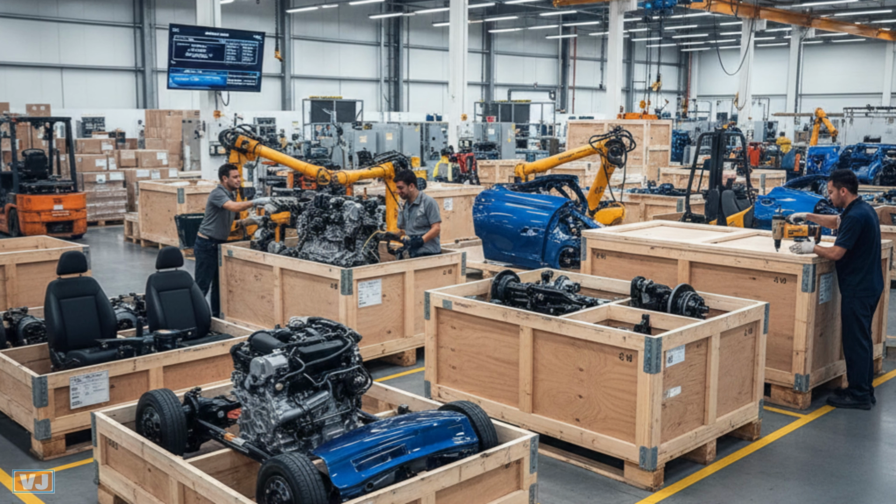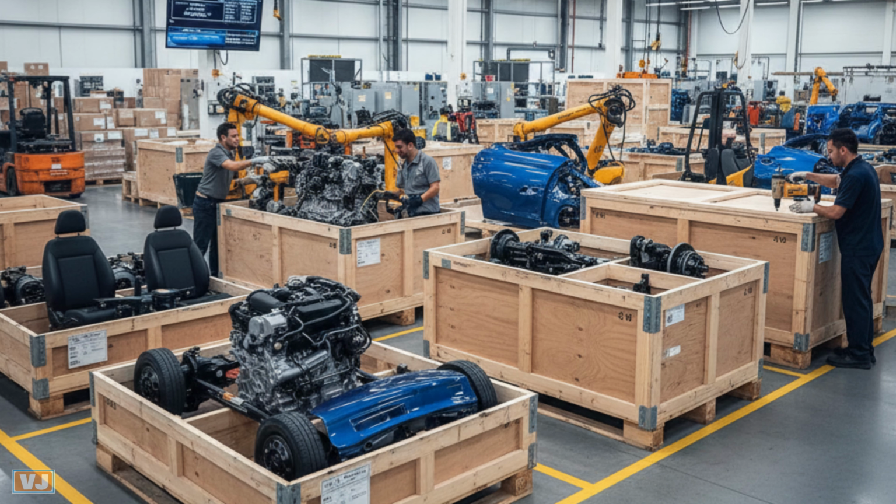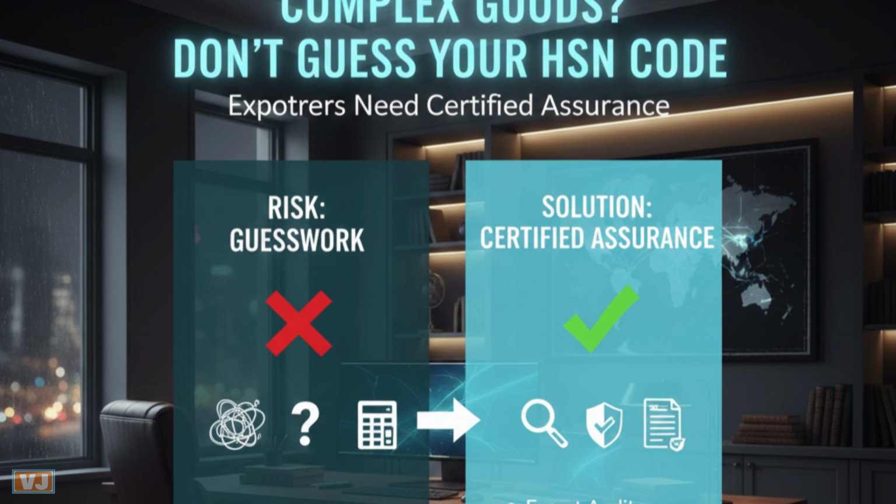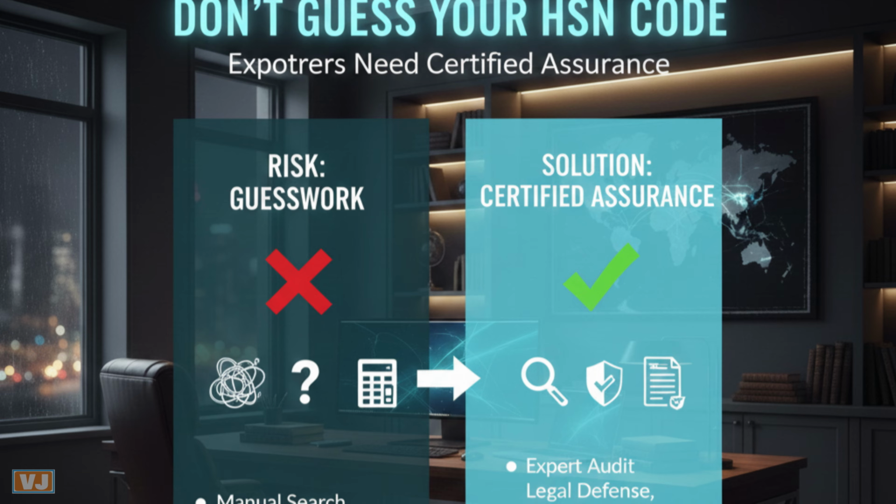The complexity only increases with products like machines or chemical mixtures or complicated kits. If your company handles hundreds of SKUs, or if your products involve multiple materials, chemicals, or complex assemblies, relying on a simple guess or an outdated supplier code is a massive mistake and liability.